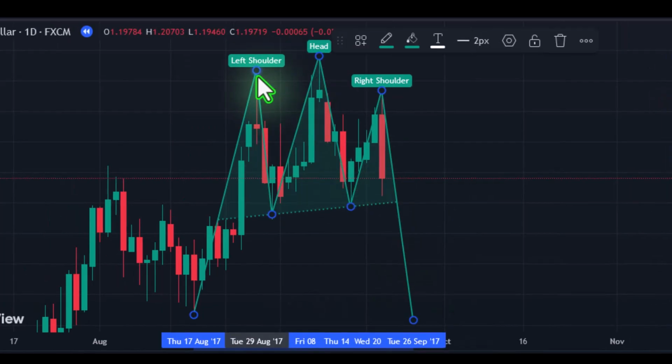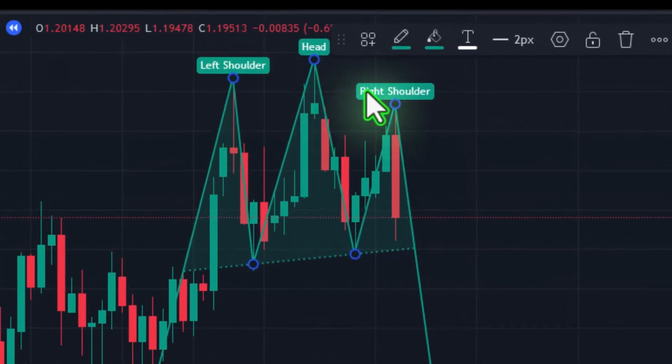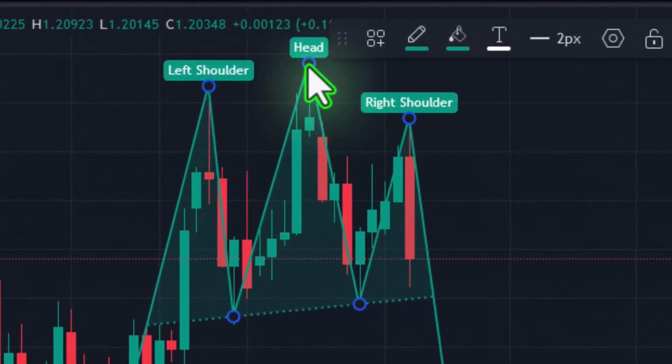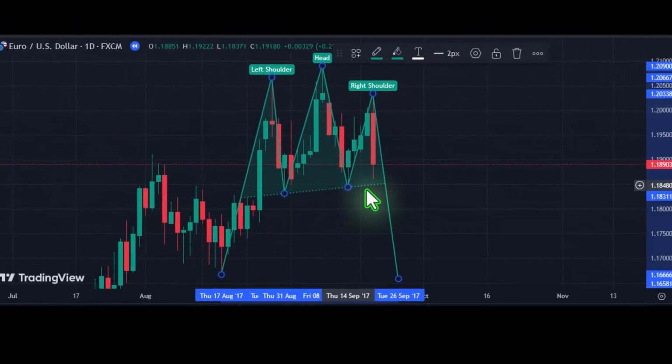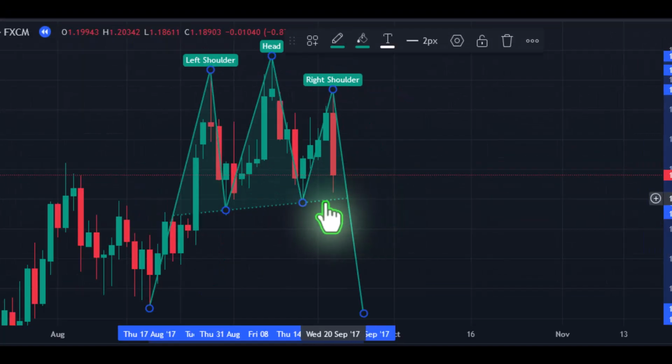So we have the first shoulder, the second shoulder, and we have the head. So this is our neckline, and it is expected that we buy after this neckline is broken. For your trade to be profitable, you have to buy when this neckline is broken.